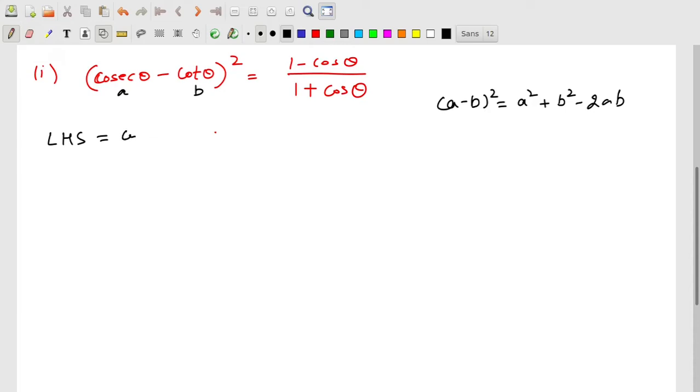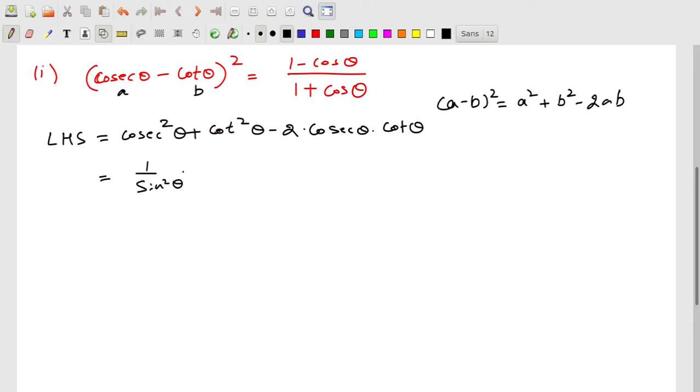So you will get cosecant square theta plus cot square theta minus 2 times cosecant theta into cot theta. So here this cosecant square theta can be written as 1 by sine square theta.